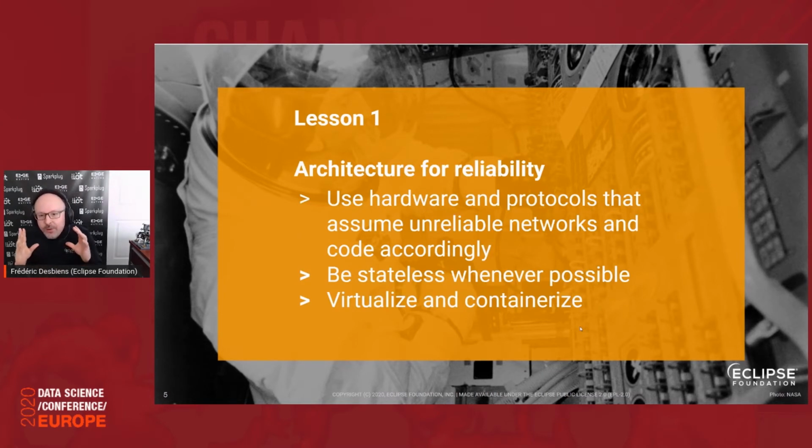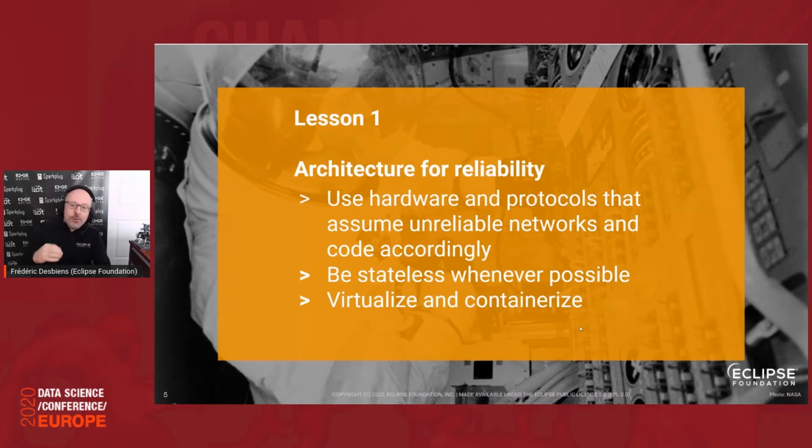And this means you have to use hardware and protocols that assume that the networks will be unreliable and the hardware will be unreliable and all of that, and code accordingly. It's really important. You can't assume you will be able to add reliability down the road after you got your minimal viable product out of the way. That's not how it works. You have to architect reliability, bake it into the design of your solution.